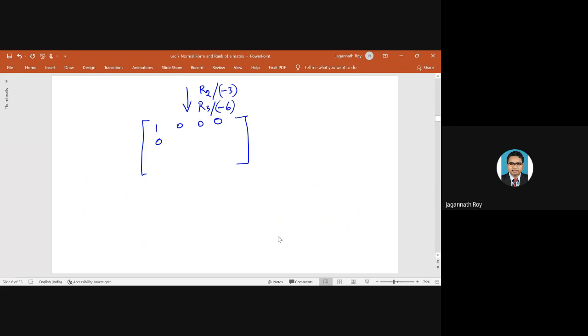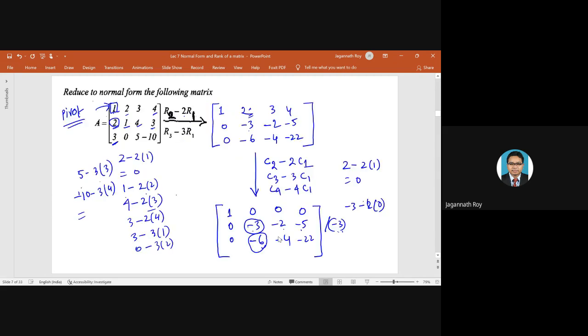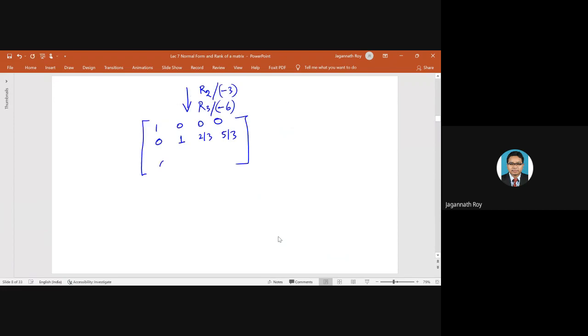So let us write down 1, 2 by 3, 5 by 3. Similarly, minus 6 by minus 6: if you divide this row, it will become 0, 1, then 2 by 3, and 11 by 3. So 0, 1, 2 by 3, and 11 by 3. So that's what we have now.